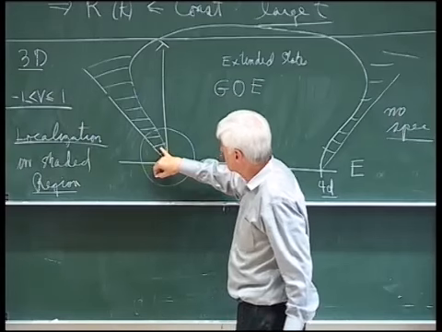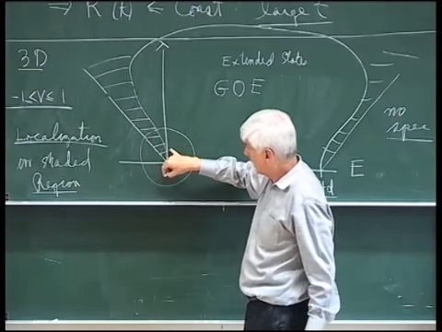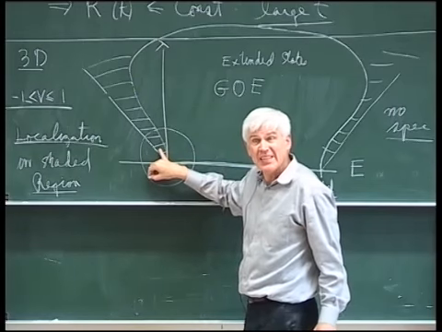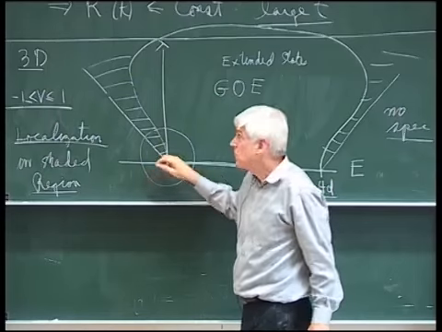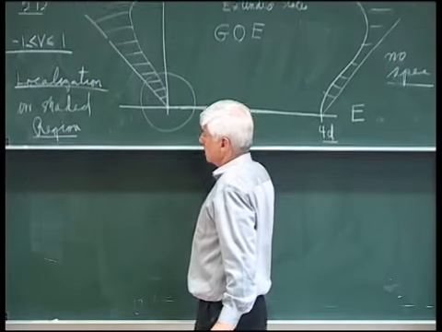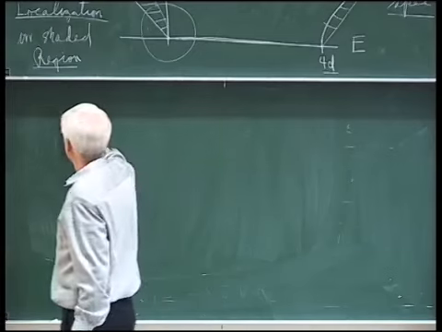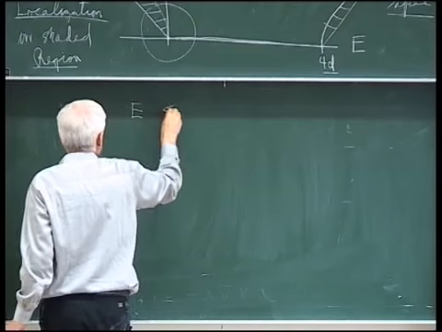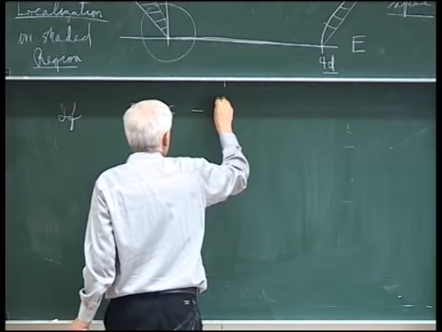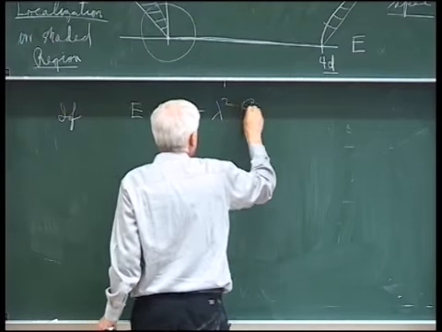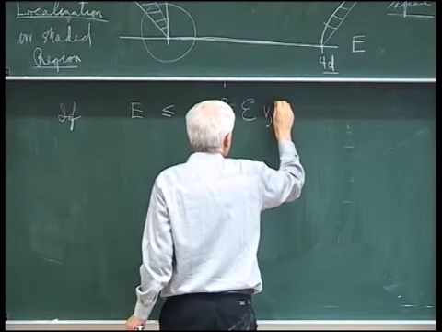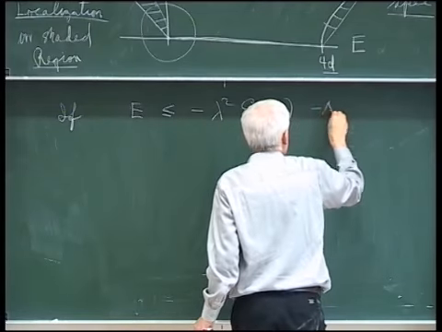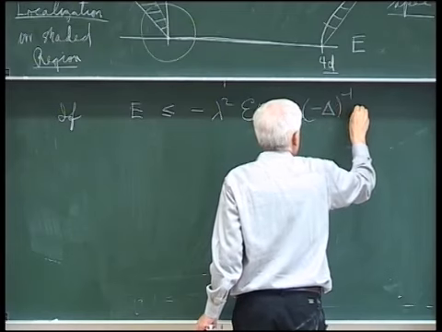In this region, for small lambda, the density of states is exponentially small. So the statement, to be more precise, is: if the energy is less than minus lambda squared, the expectation of V0 squared, times the Laplacian inverse on diagonal.